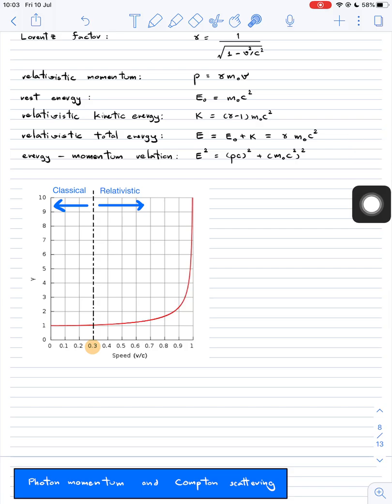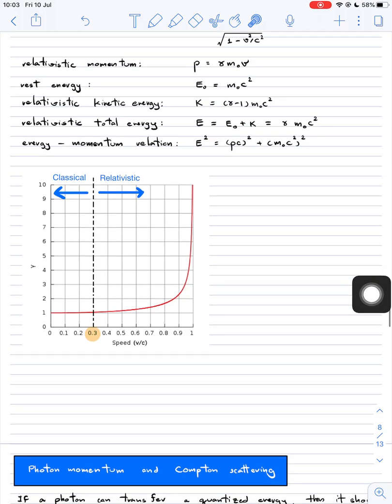And then we talk about the relativistic kinetic energy. We have K equal to gamma minus 1 times m0 c squared. Don't forget that this equation is the general equation.